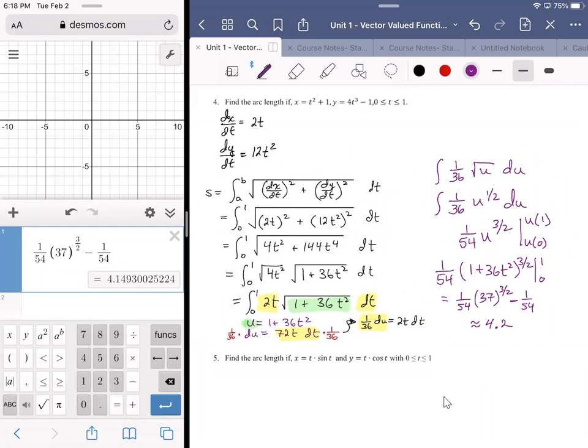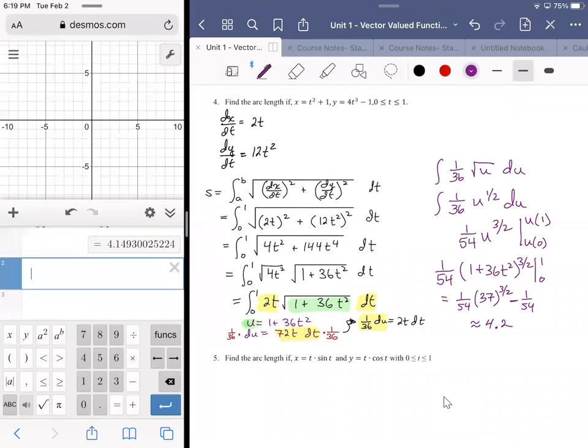Okay. And then also, are we allowed to take, for instance, that third step that you have on the left, the square root of 4t squared plus 144t to the 4th, and just plug that into the calculator? Yeah, that's actually what I was going to go over next. Generally whenever we're coming up with a decimal answer, it's always going to be acceptable to use a calculator approach.